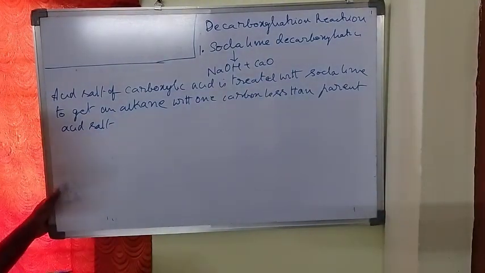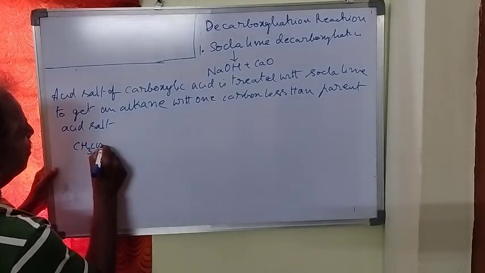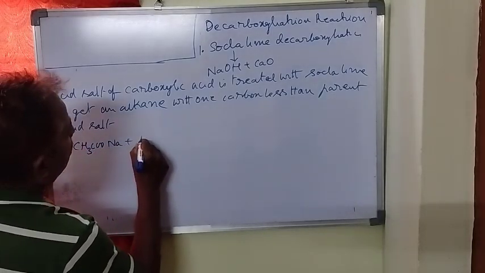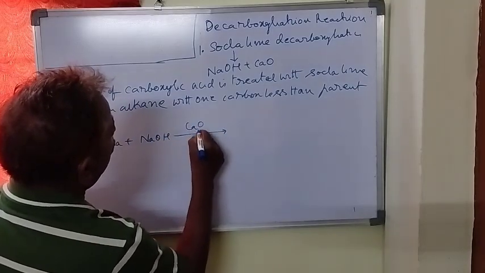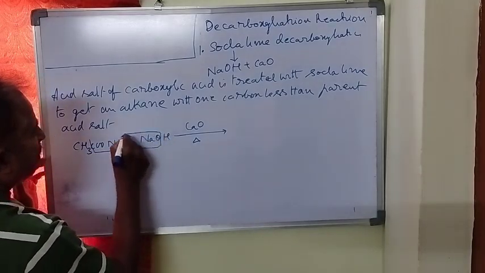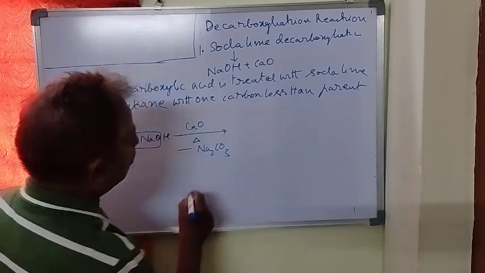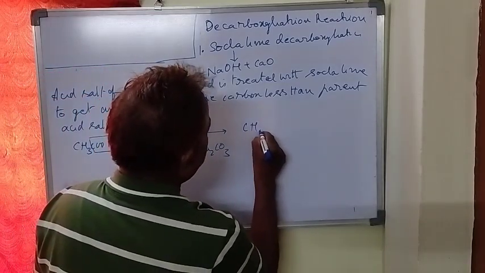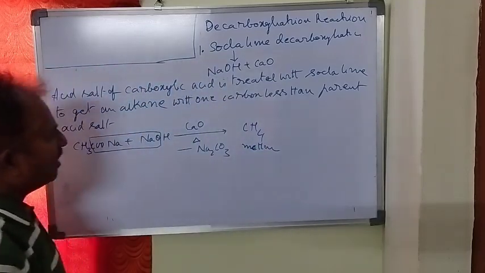So the reaction here is CH3COONa plus NaOH in the presence of calcium oxide and of course temperature. So this is removed as Na2CO3. Sodium carbonate is removed. Therefore, we get CH4, methane.